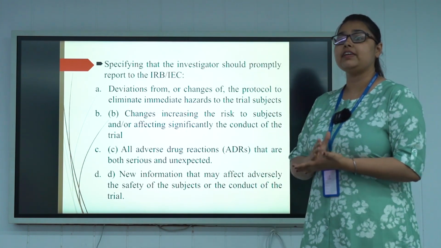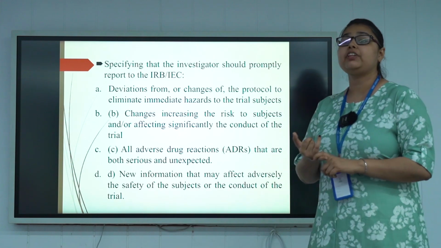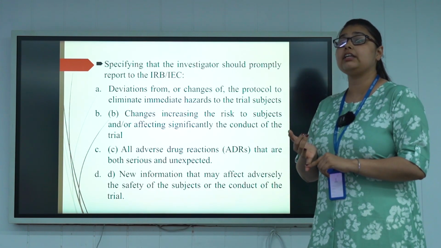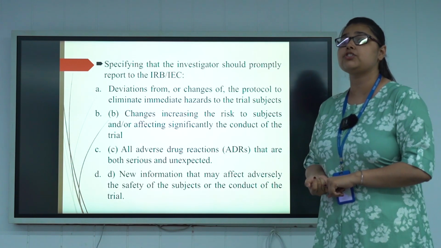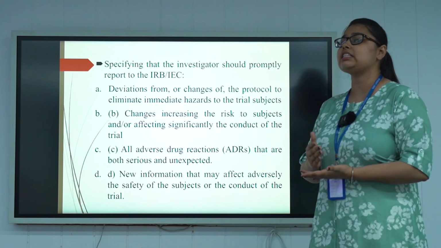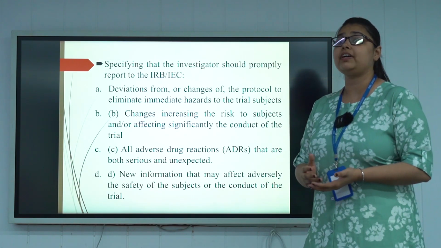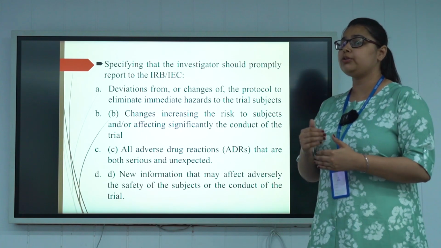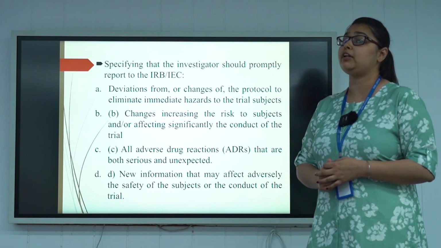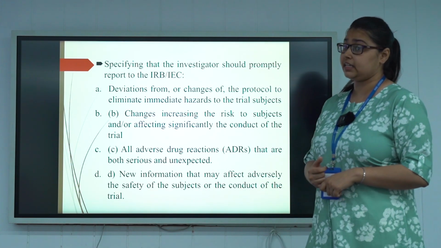Specify that the investigator should promptly report to the IEC IRB in the following cases: if there is any deviation from the protocol, if there is increased risk, if some new information is obtained which specifies that there is increased risk to subjects, in that case the EC should be notified on priority. All the adverse drug reactions, whether serious or not, should be notified to the EC. New information that can affect the safety and well-being of the participants in the clinical trial should be promptly reported to the ethics committee.